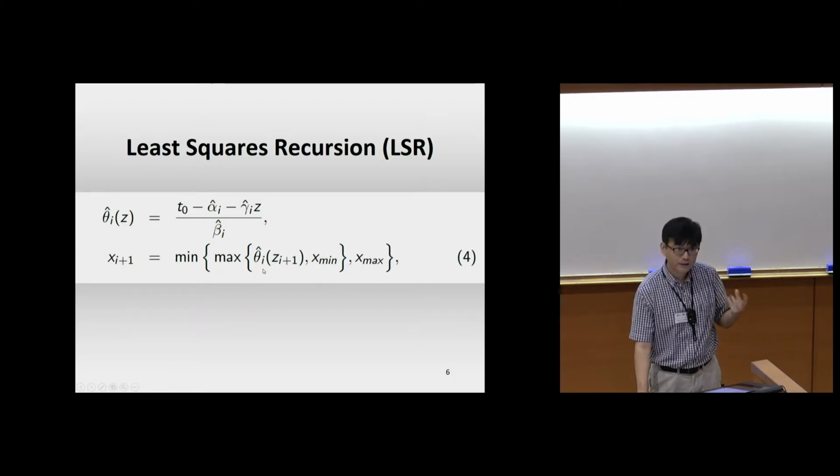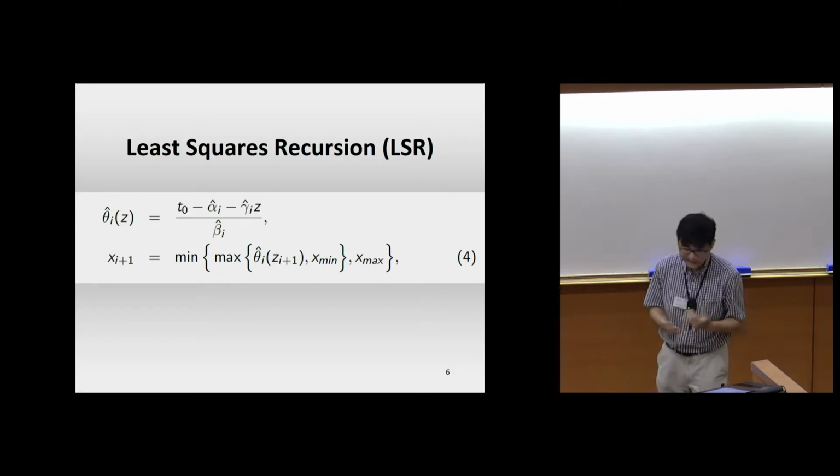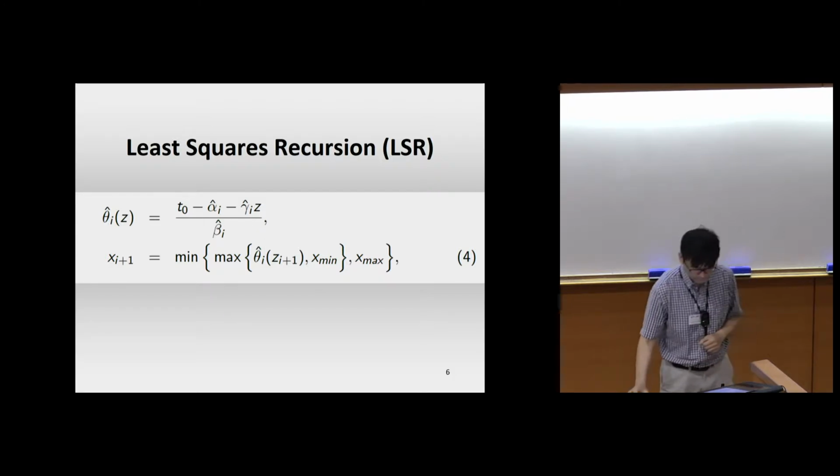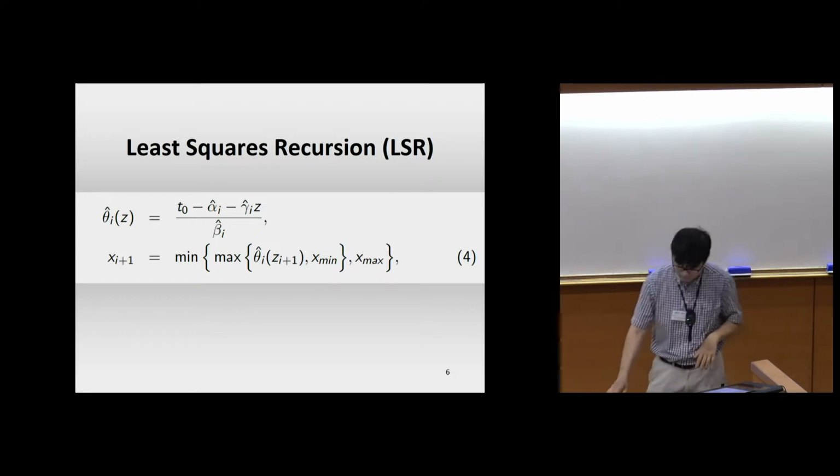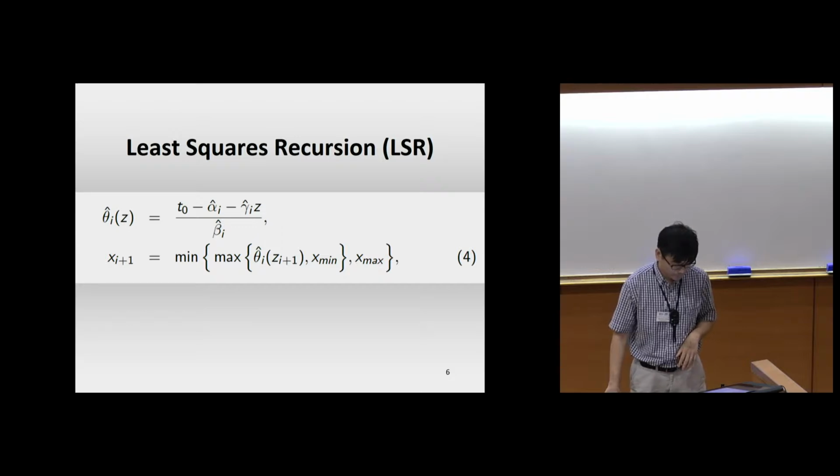So this is a least square recursion. The concept is actually not new. The concept of least square recursion appeared in the 70s, and this is a reasonable way to do it. And in practice, sometimes we like to truncate so that we don't treat beyond a certain dose level of the drug.